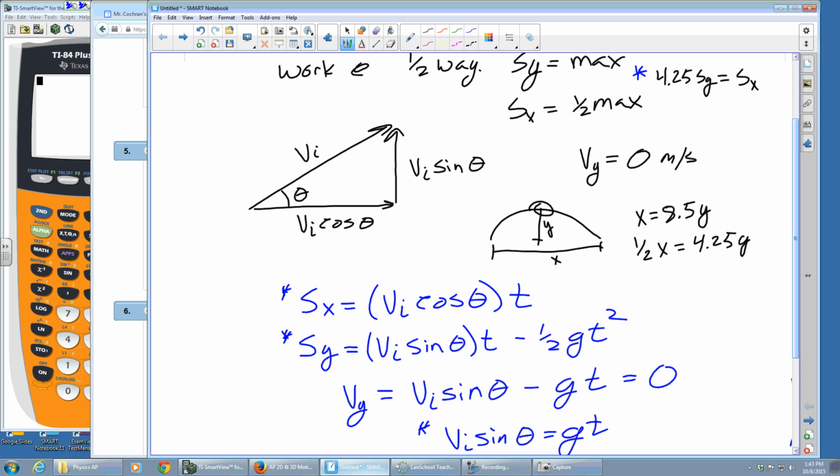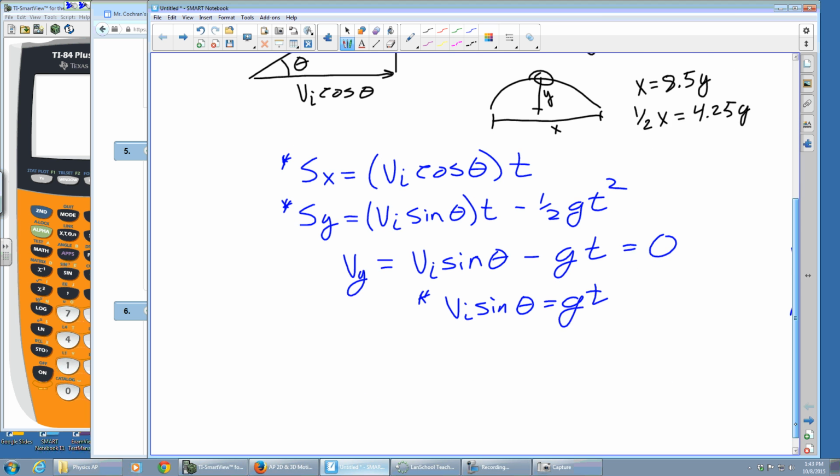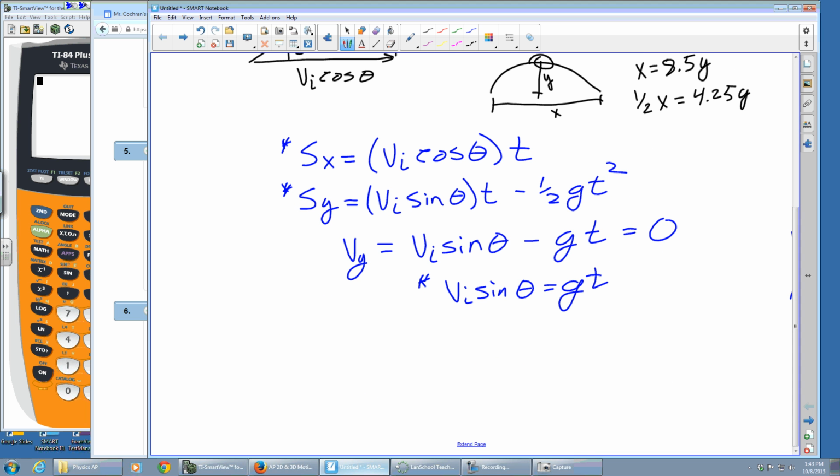We'll see. We'll see. So I would like to get theta by itself, and so I'm going to do a little substitution here and rewrite sy as gt squared minus 1/2 gt squared.